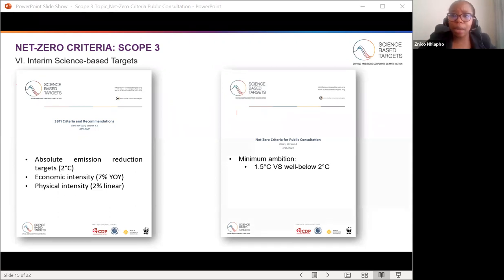So in the next couple of slides, what I'll cover is firstly, whether or not to include a criterion to raise the minimum ambition of scope 3 targets compared to the full range that is currently validated by the SBTi. And secondly, whether to introduce a more stringent scope 3 target boundary coverage for SBTs compared to the current minimum.